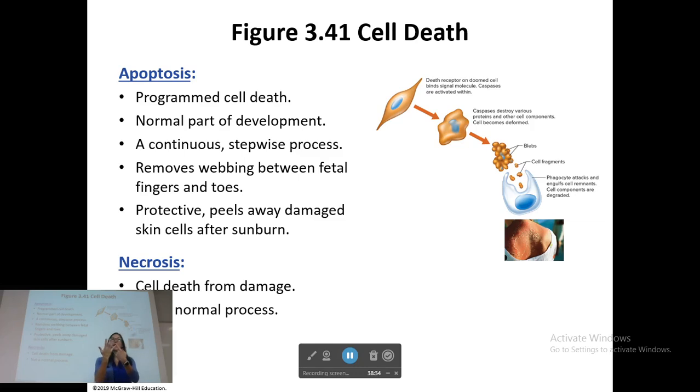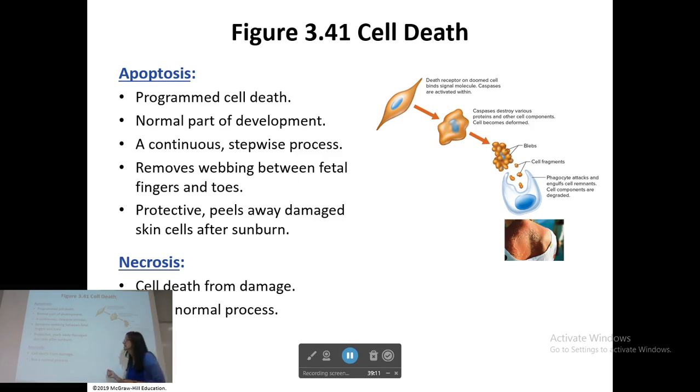As a fetus, you have webbing between your fingers and your toes, and at a certain point in fetal development, that webbing goes away. The way that it goes away is that those cells in the webbing are programmed to die at a certain point. So that's apoptosis. Okay? It's protective. It peels away damaged skin cells after a sunburn, as we talked about. When the DNA is damaged, that's your protection, to kill those cells so that they don't replicate.